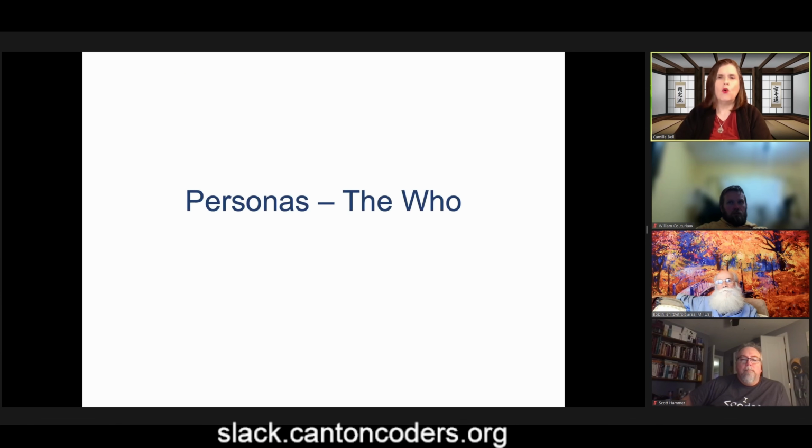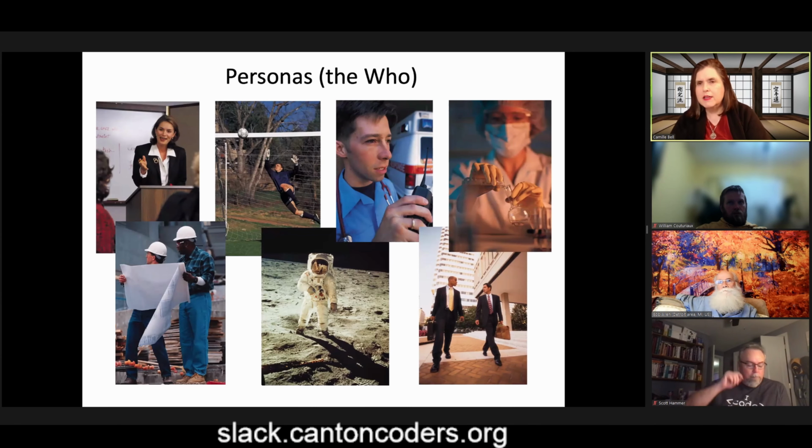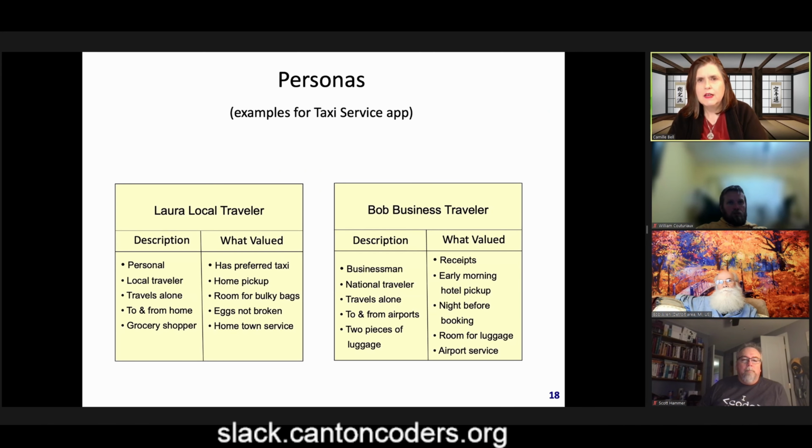Now let's look at who. There are all kinds of whos out there, depending on what your customer is. We're going to look at some examples, assuming there's some sort of taxi service, not exactly an Uber, but something that uses local taxis. We have a couple of different types of people.